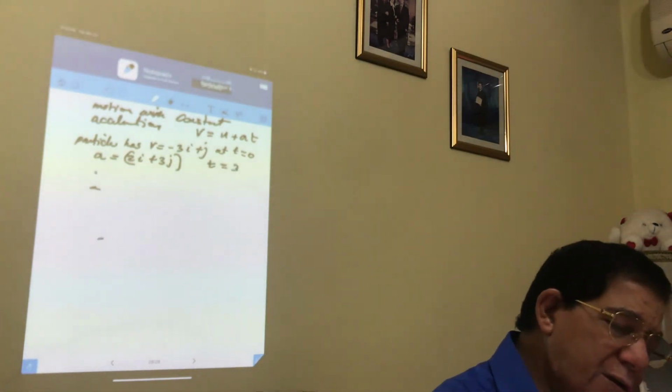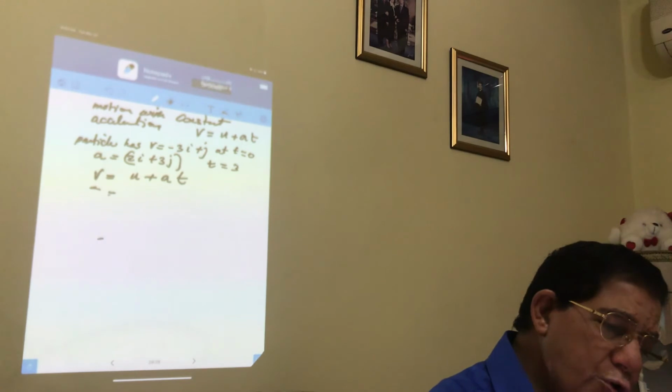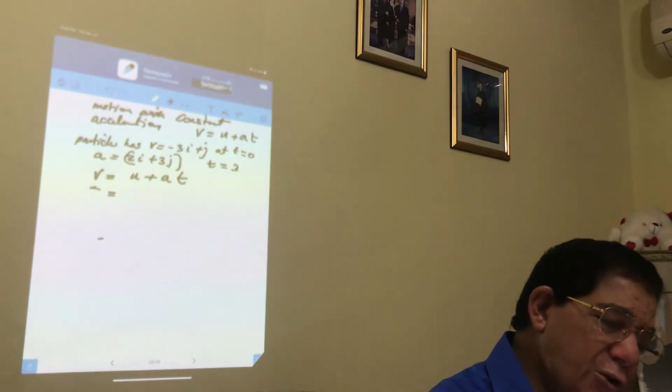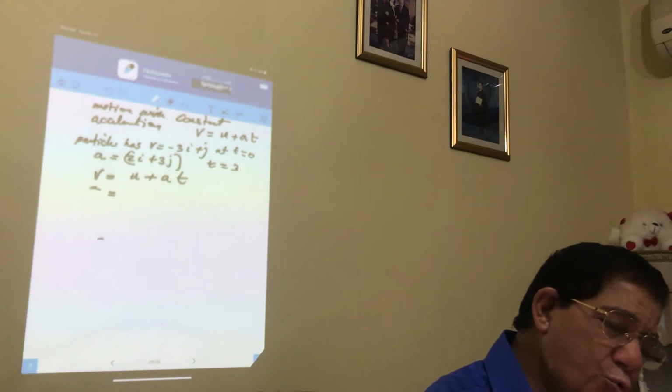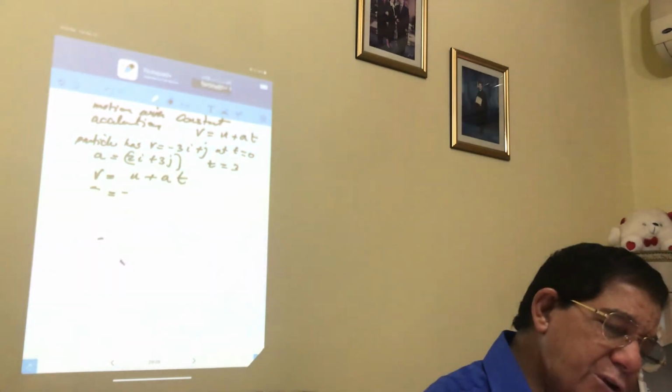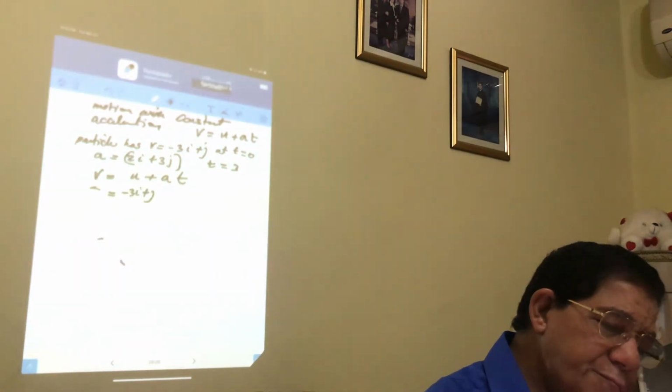We get first v equals u plus at. U is the initial velocity, negative 3I plus j, plus the acceleration 2I plus 3j times the time, which is 3.